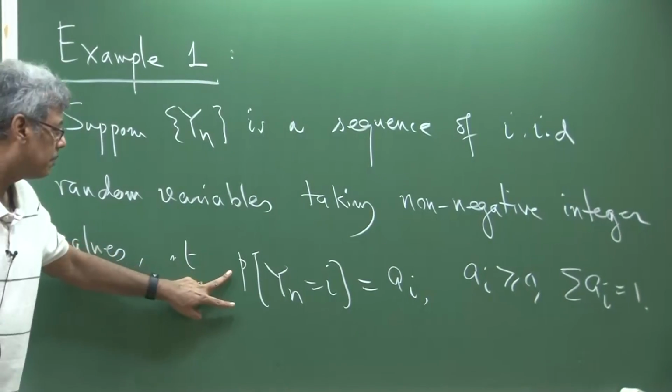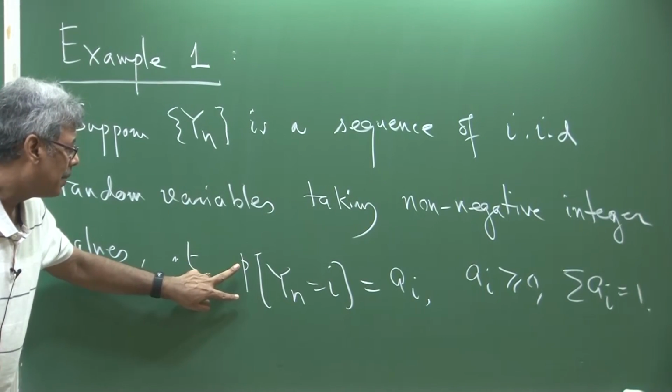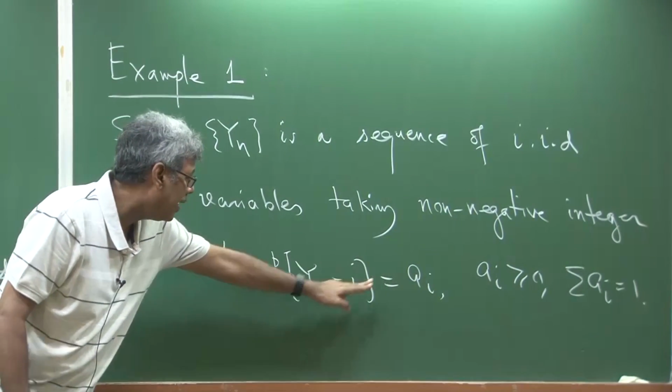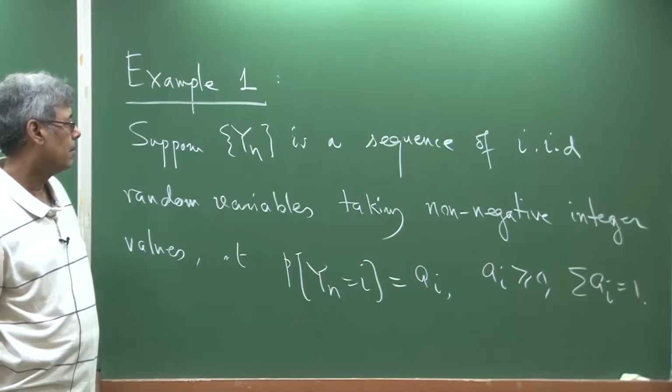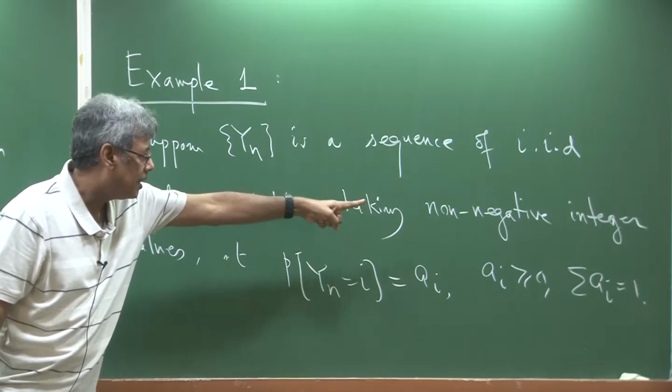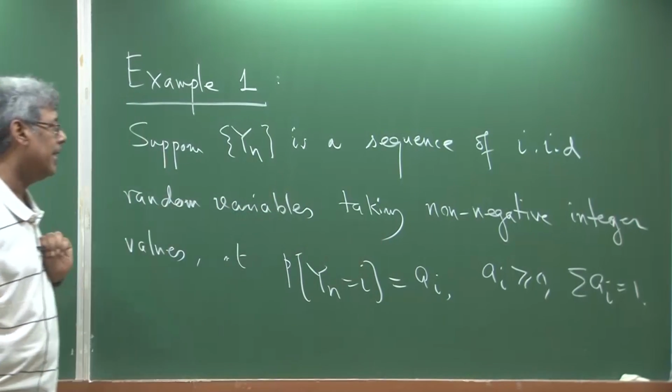So, this becomes a proper probability distribution, that Y_n is taking the value i with probability a_i.